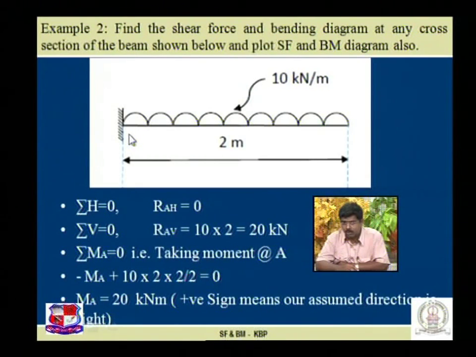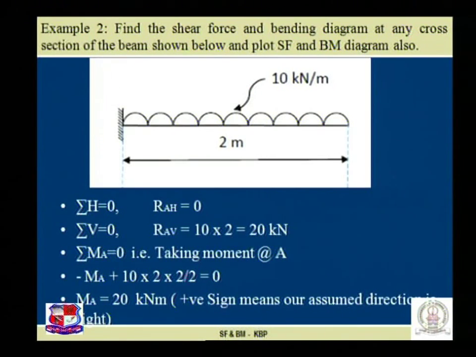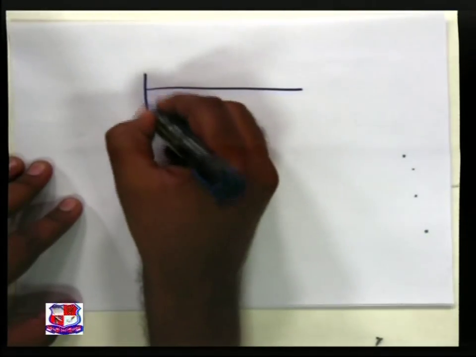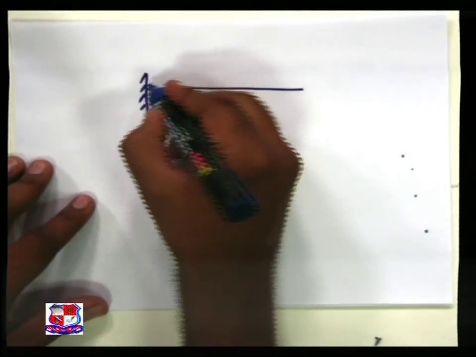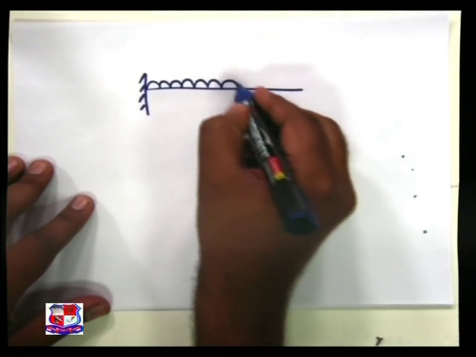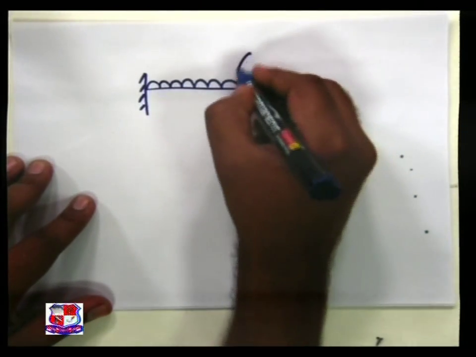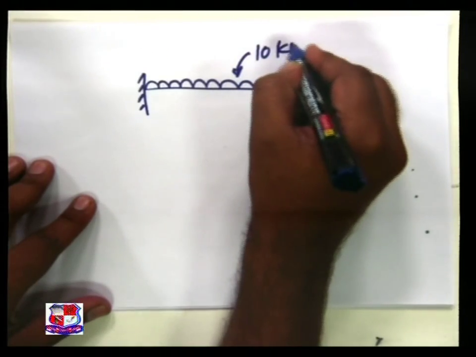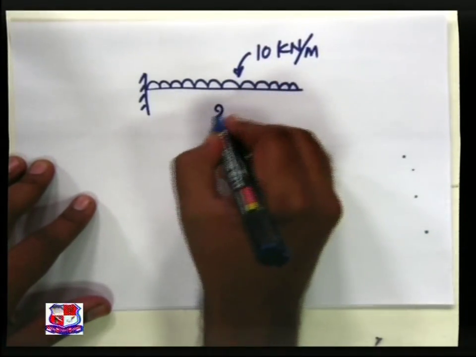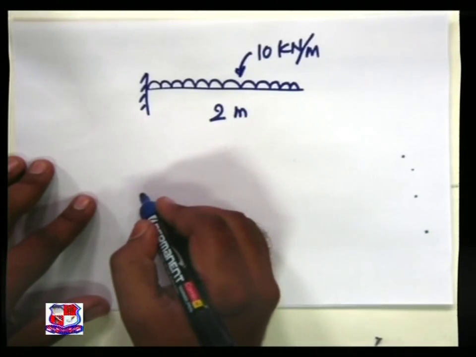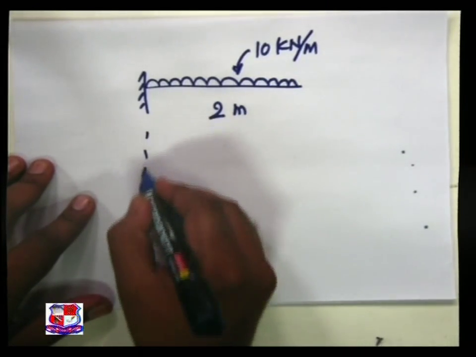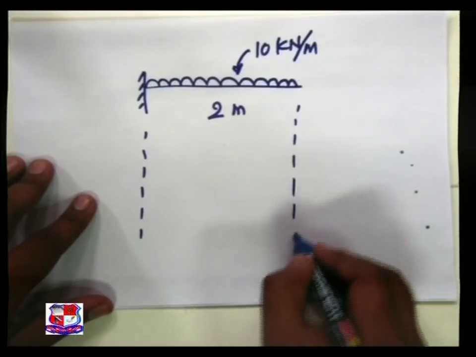Now let us plot the shear force diagram and bending moment diagram using the tabletop. The given beam is a cantilever beam with a UDL, and the beam length is 2 meter. Baseline.